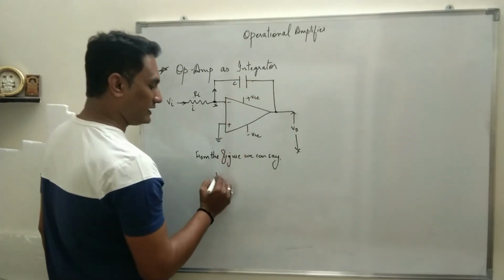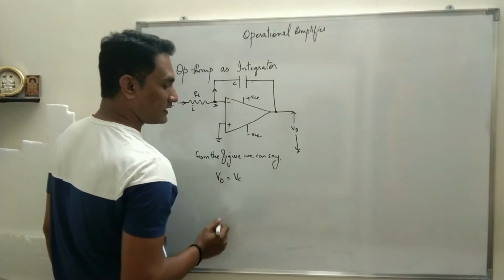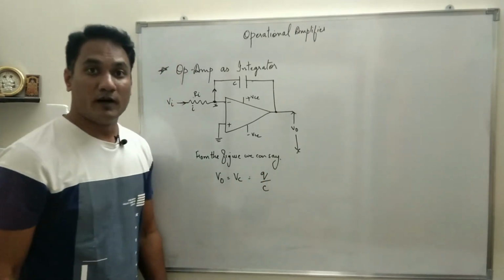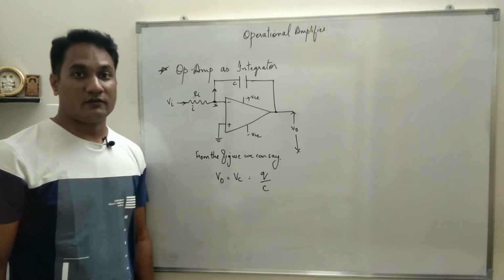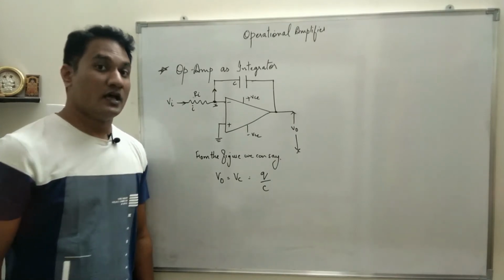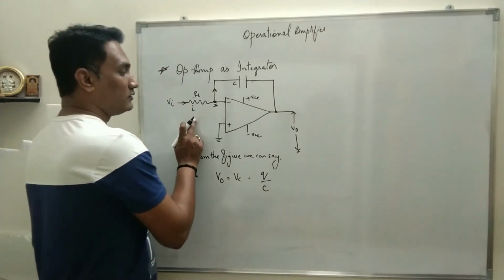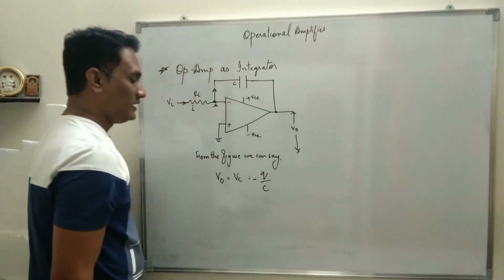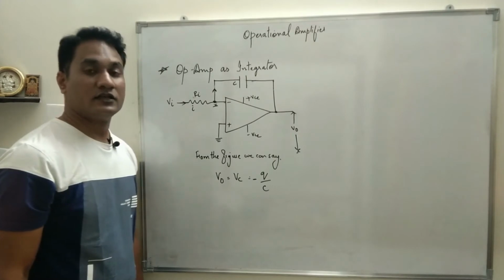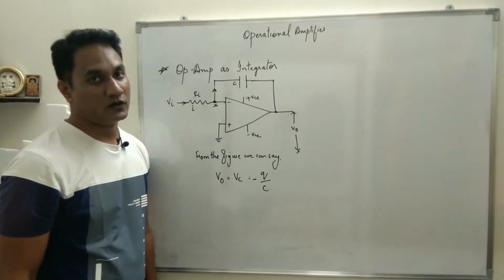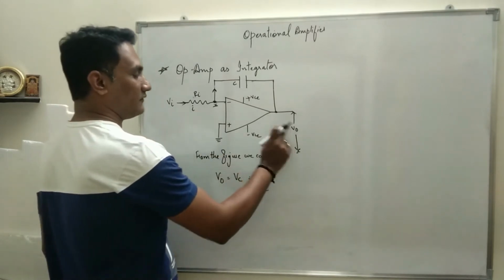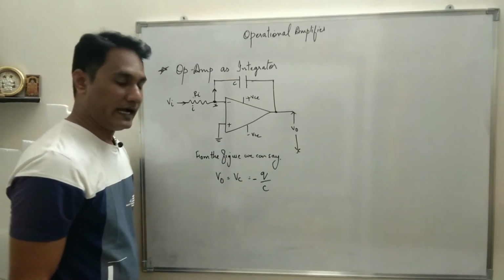So output voltage will be equal to voltage across the capacitor, and voltage across the capacitor is given by Q by C, charge stored in the capacitor divided by capacity of the capacitor. And as the input is connected to the inverting mode, V0 is equal to minus Q by C. This minus sign indicates there is a phase shift of 180 degrees between input and output.